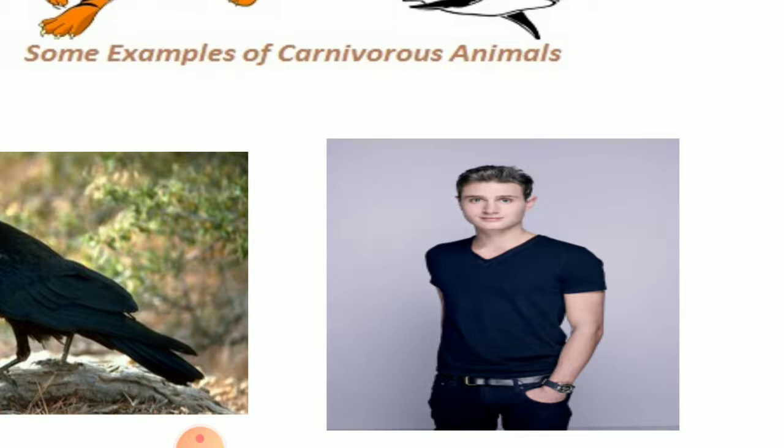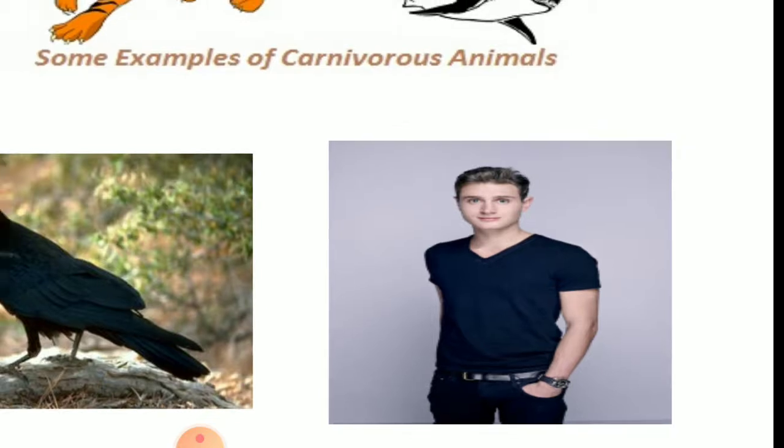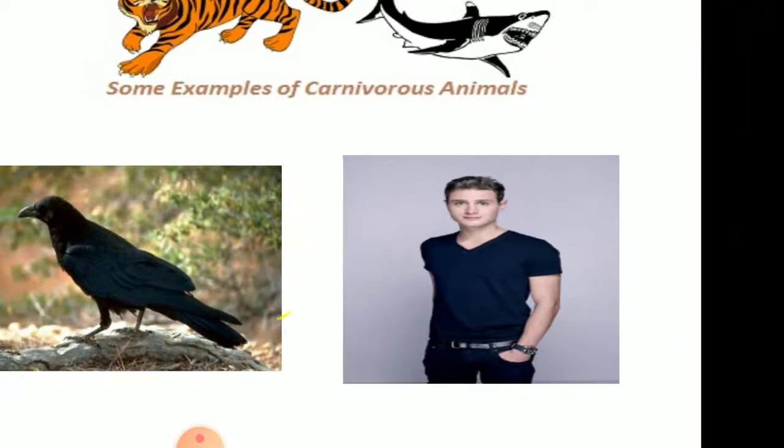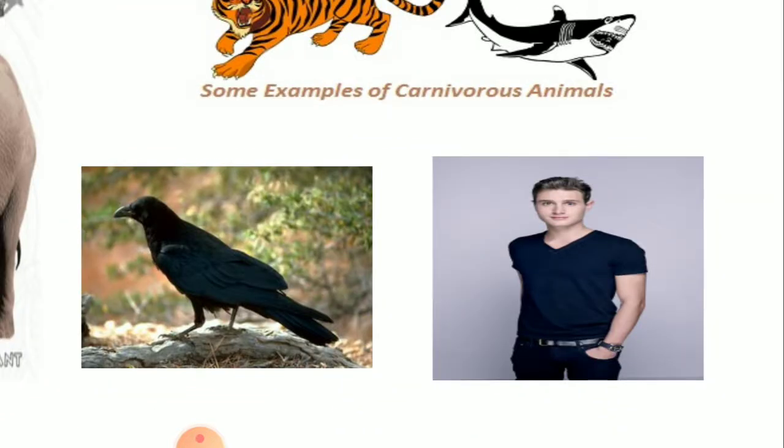So human beings belong to omnivorous animals. One more example of omnivores is a dog. Dog eats both plant product and animal product also.